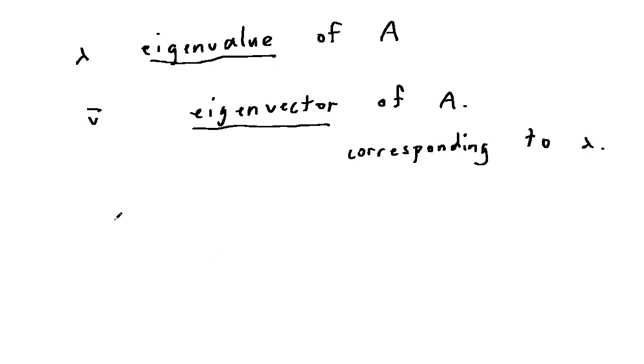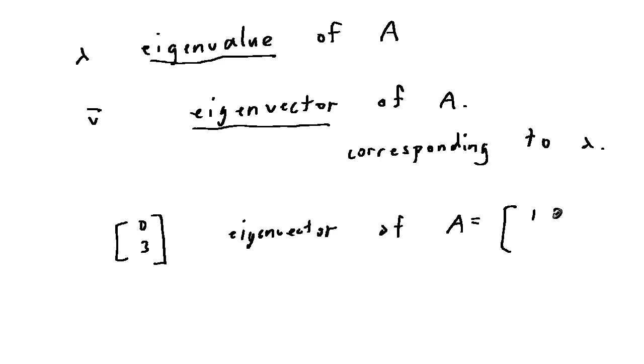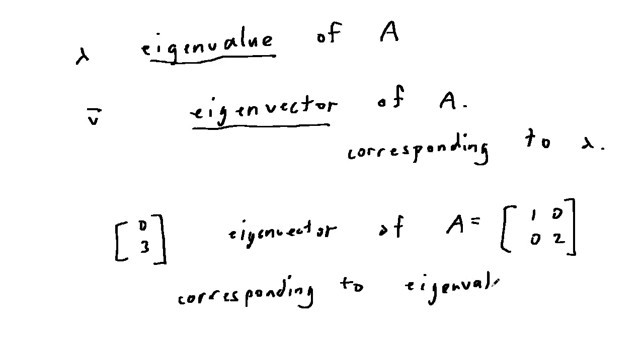In our example, 0, 3 is an eigenvector of A corresponding to the eigenvalue lambda equals 2.